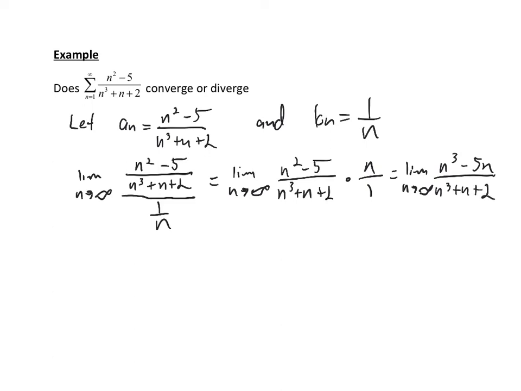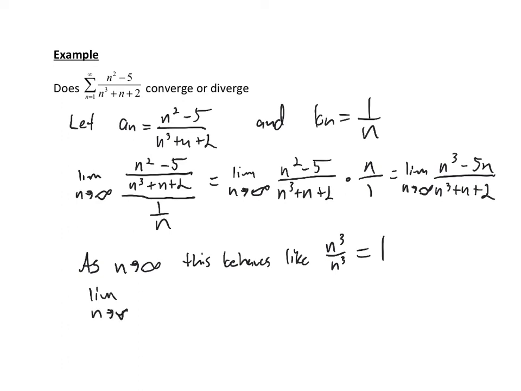And similarly, as n approaches infinity, this behaves like n cubed over n cubed, which equals 1. So the limit as n approaches infinity of n cubed minus 5n over n cubed plus n plus 2 is 1.